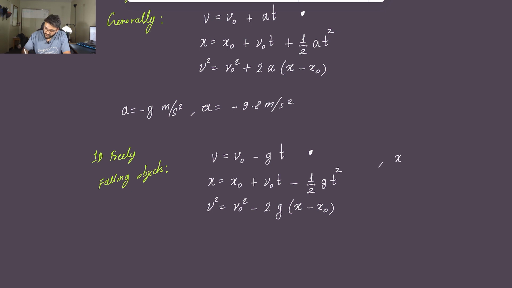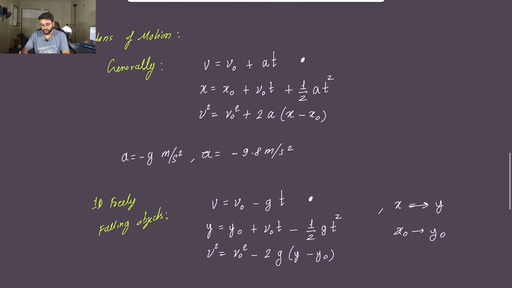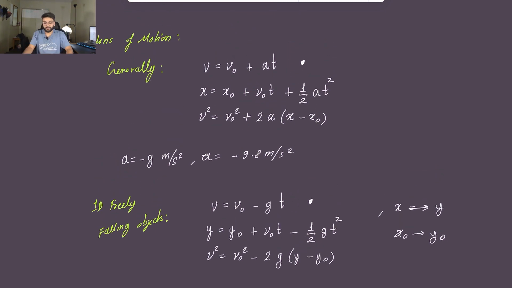Instead of x we have y, and instead of x naught we have y naught. So that means here I need to change the variables from x to y naught. Right, so these are how the equations are modified for a one-dimensional freely falling object under the influence of gravity.